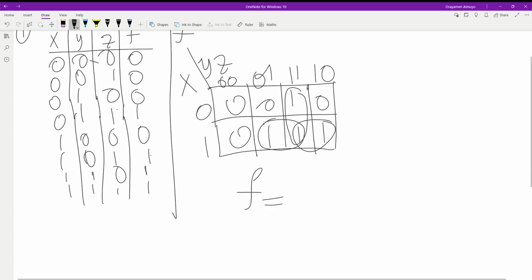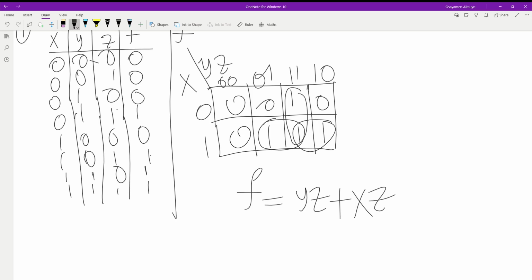So we have that f equals yz, or xz, or, let's see what we have here. So we have xz.